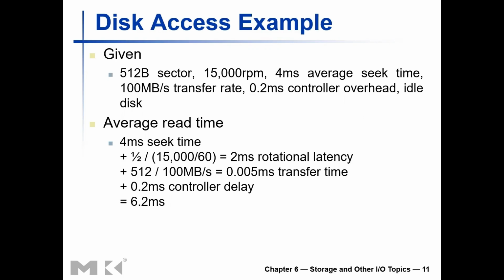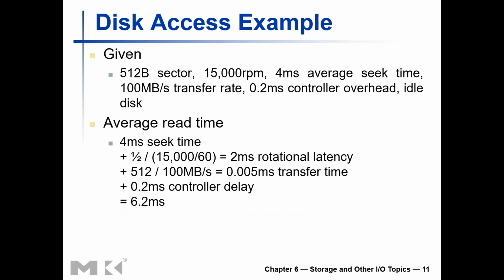So we have an example for disk access. We have the sector size of 512 bytes. We have the rotational speed of 15,000 rotations per minute, right?